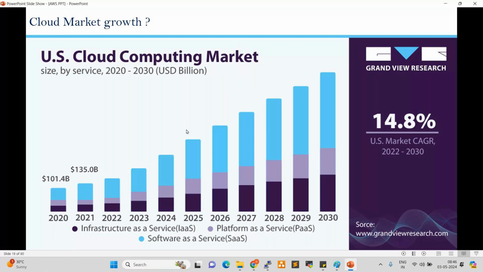So cloud and DevOps has a huge market, huge demand currently. Every organization is migrating their applications to cloud infrastructure and DevOps automation because of cost saving and time saving.